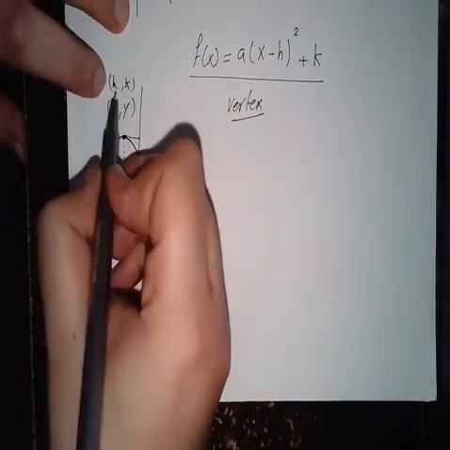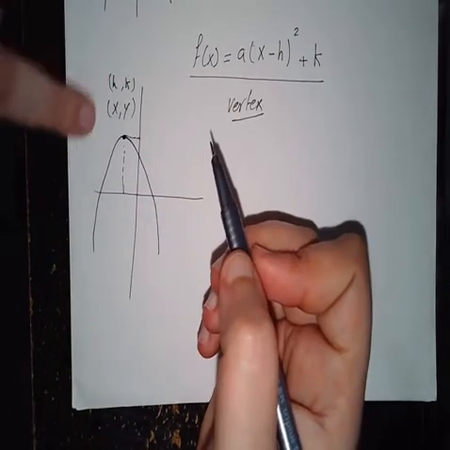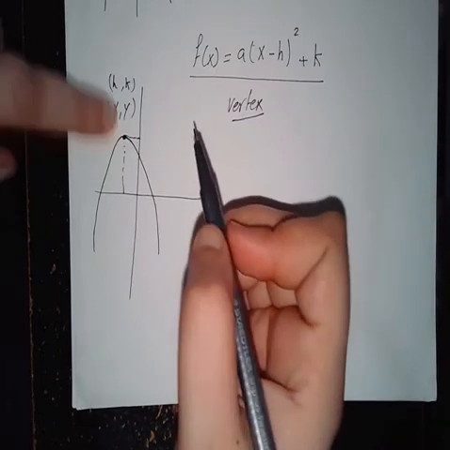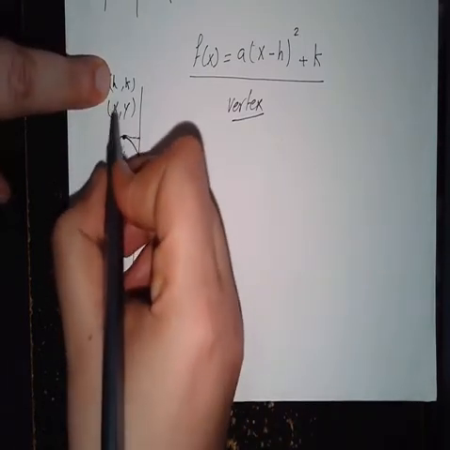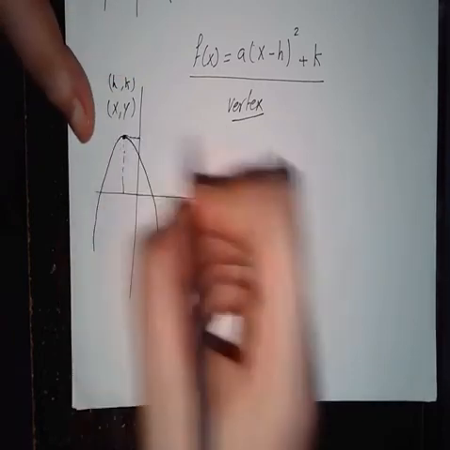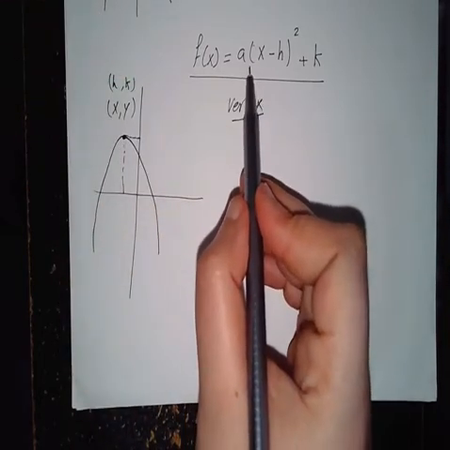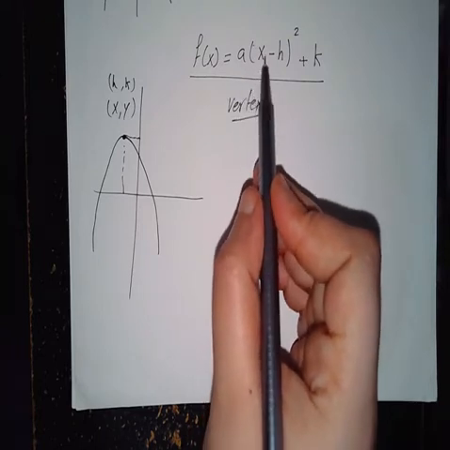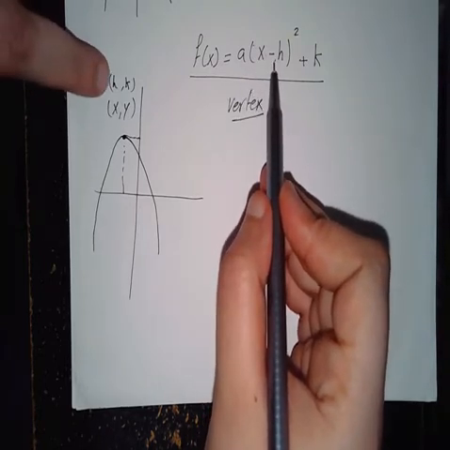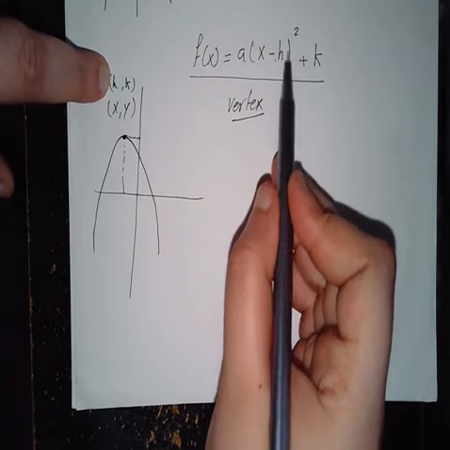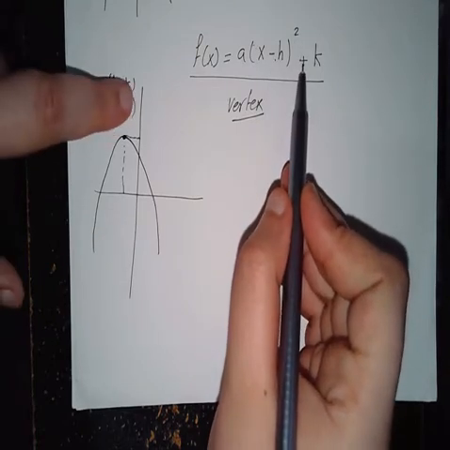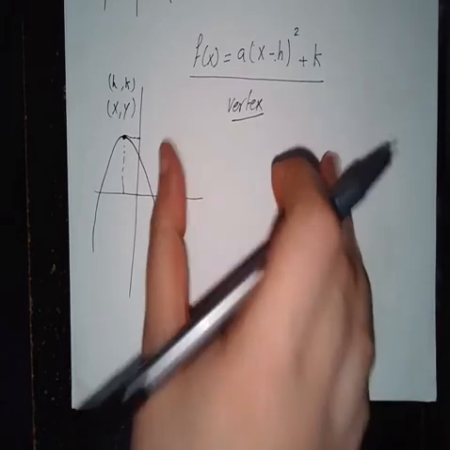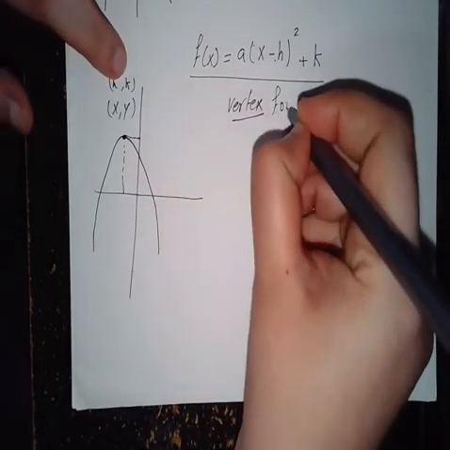So when I say h and k, I mean the x and y value of this very point. Okay? And h is your x value, k is your y value. So over here, I'm basically saying f of x equals what? The coefficient of x squared times x minus the x value of the vertex squared plus the y value of the vertex. Yes? This is the vertex form.